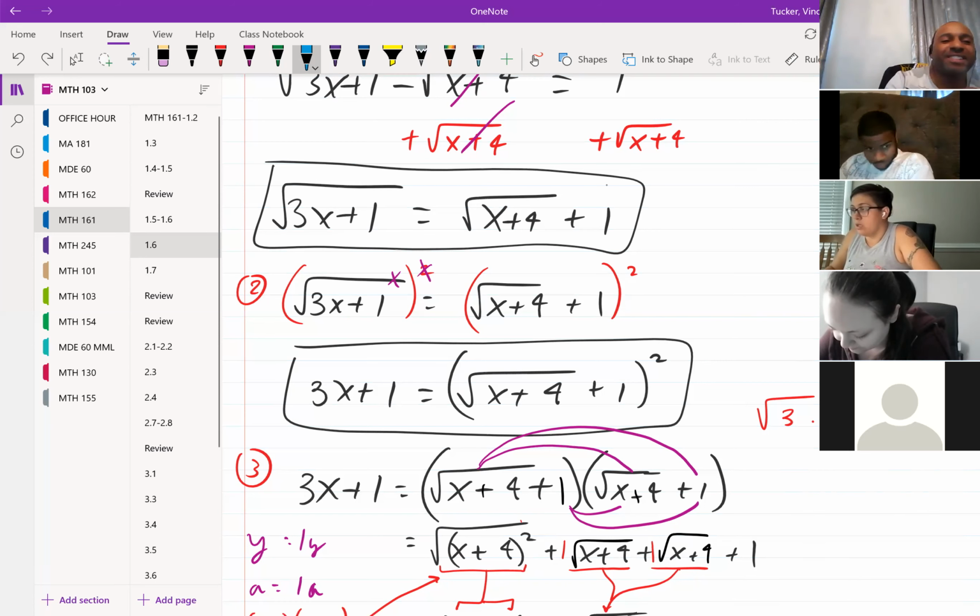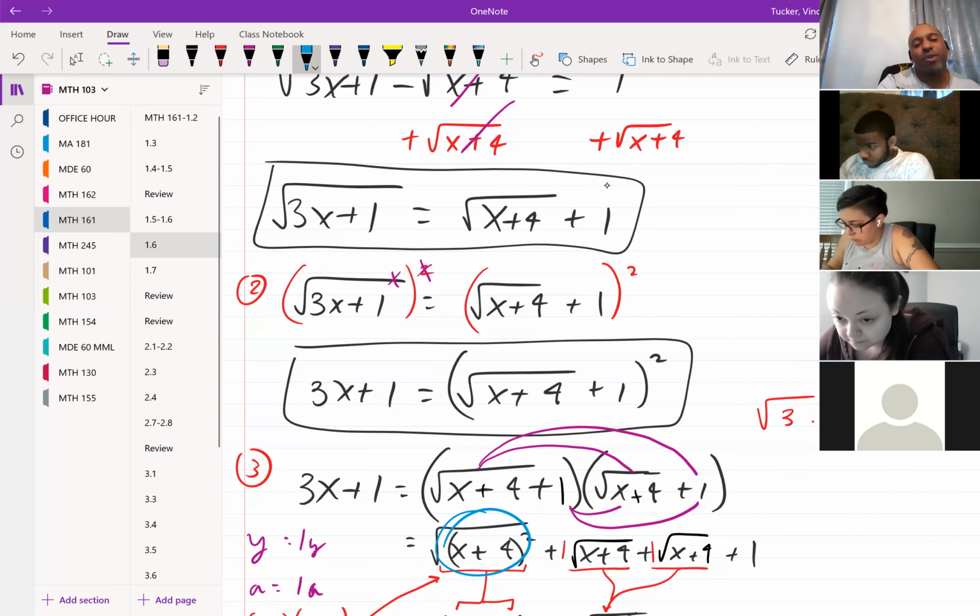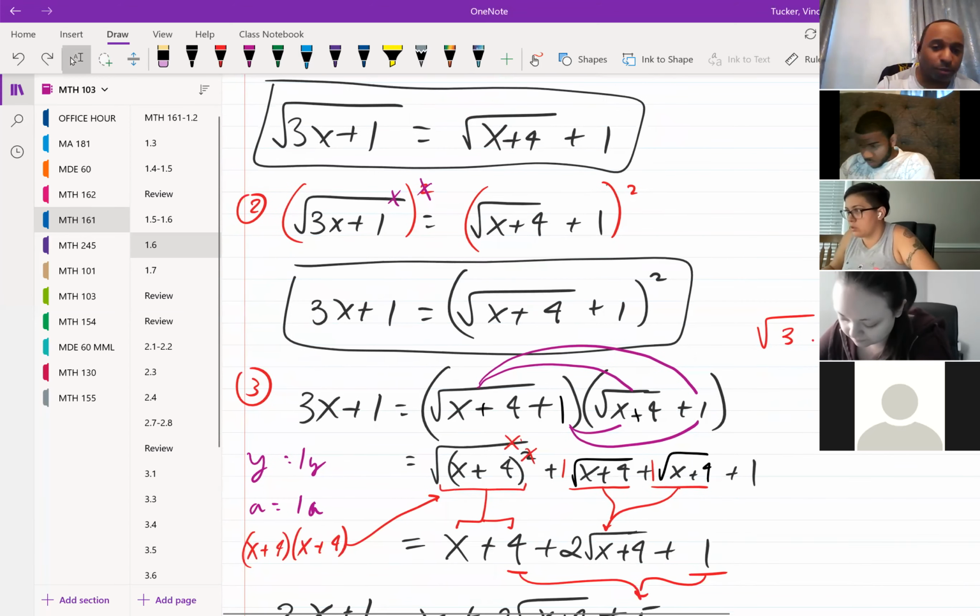So in that first term, this one right here, square root of x plus 4 squared, the square root and that square will cancel and leave you with just x plus 4. And then here we can add these together, and that'll give us 2 square root of x plus 4.